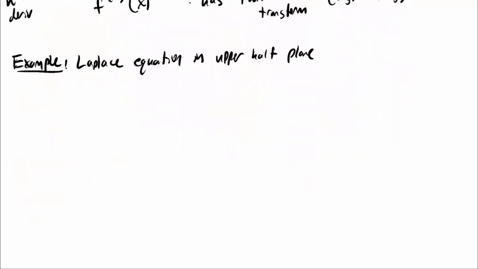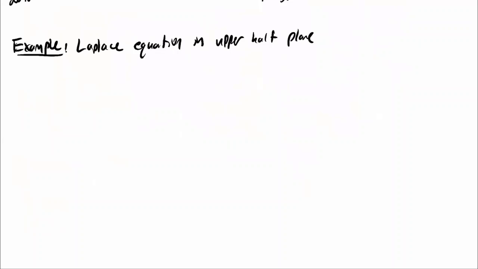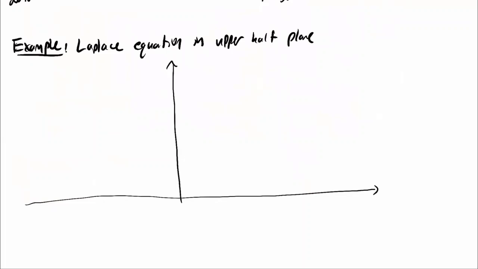Right, so we're going to be looking at Laplace's equation, Laplacian of u is equal to 0. So our domain is going to be the upper part of the half plane in x and y. And so the domain D is the set of points xy with y bigger than 0. Right, so it's everything above the x-axis.